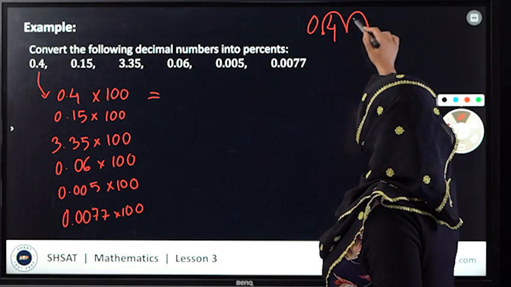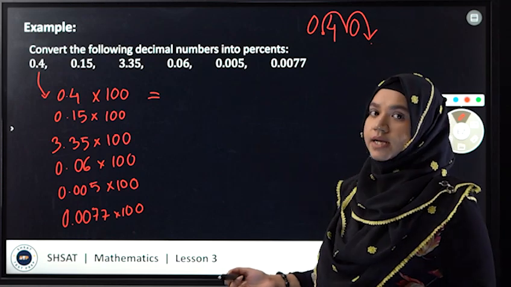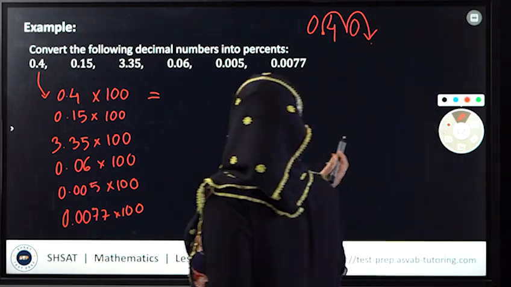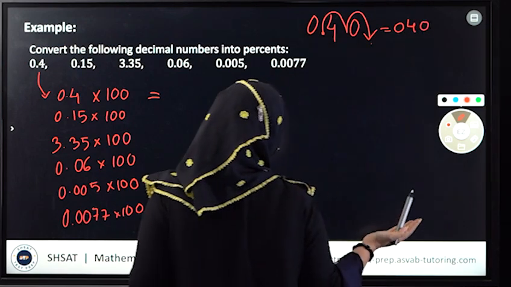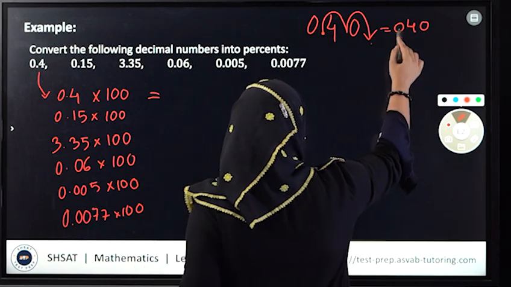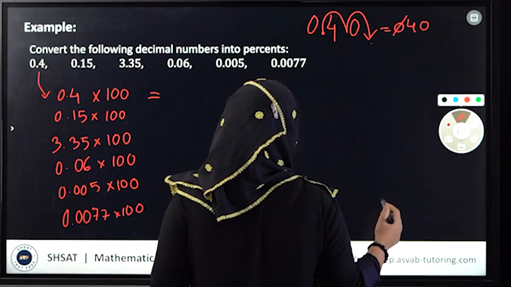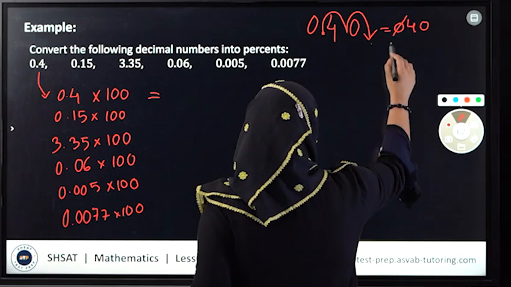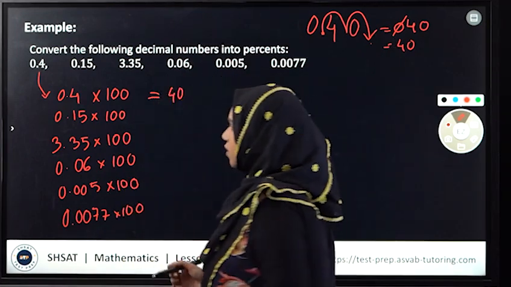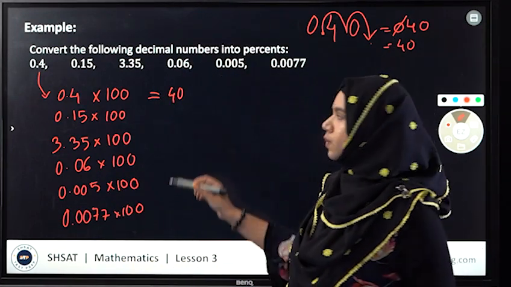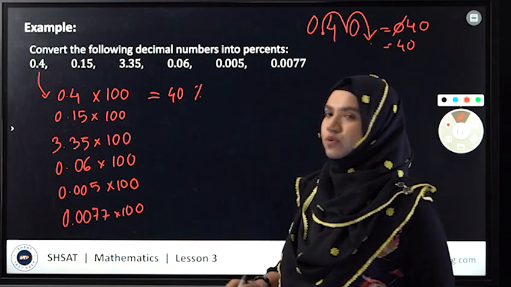This gap needs to be filled with another 0. So can I write 040 now? Yes, I can. But we know that any 0 in front of the number does not really have any value, so it's just plain old 40. But because we have converted it to a percent, we need to put the percentage symbol.